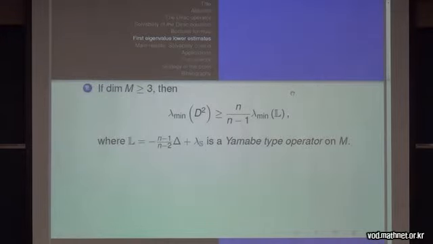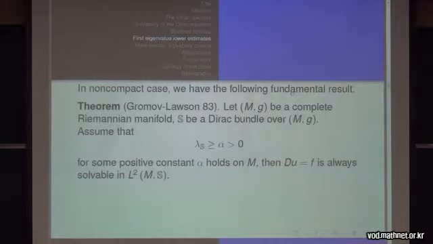And in higher dimension, this result is due to Hijazi. Hijazi obtained the lower bound of the first eigenvalue by the first eigenvalue of the Yamabe operator. In the non-compact case, we don't have this.